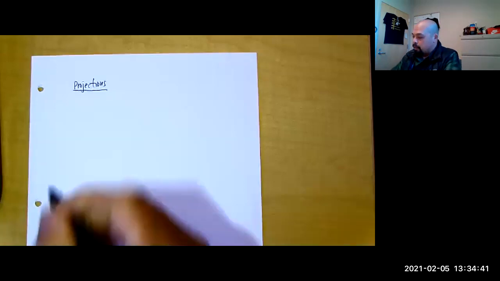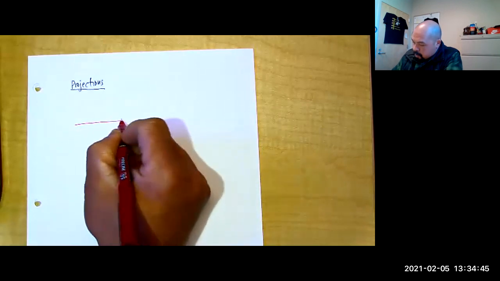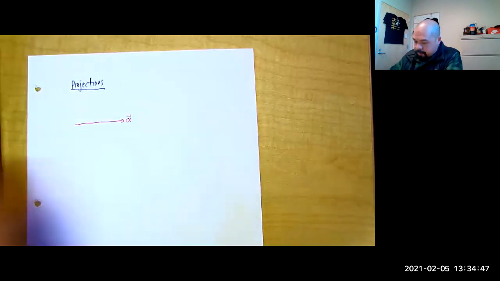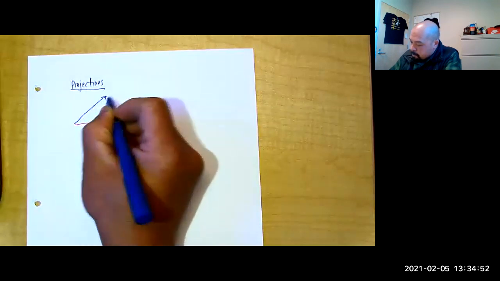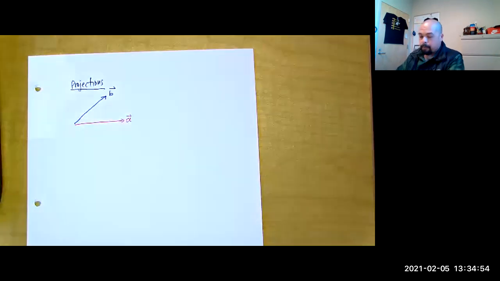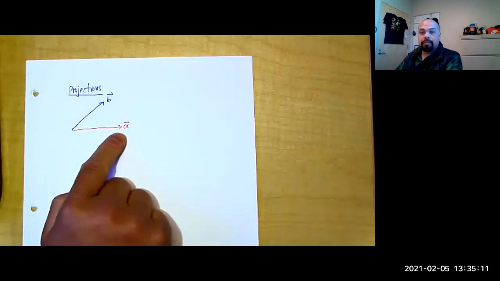What we're going to start to see is that when we have two vectors, let's say vector A and vector B, we might be concerned with, going back to a physics example, vector A being the path we're following.